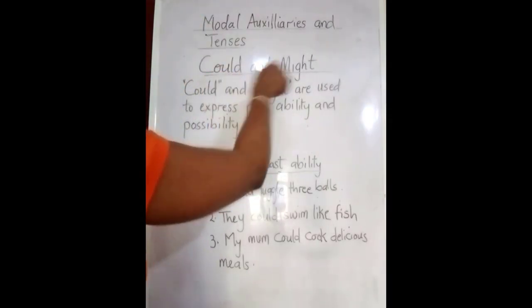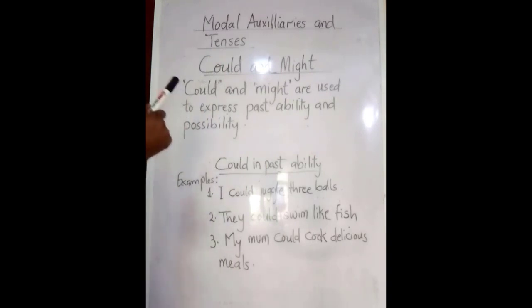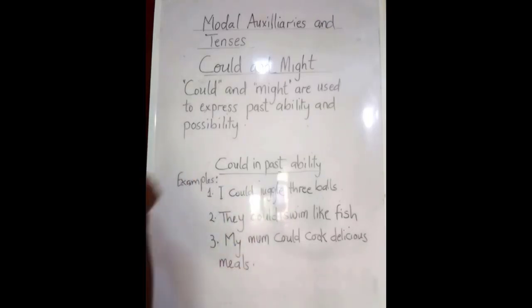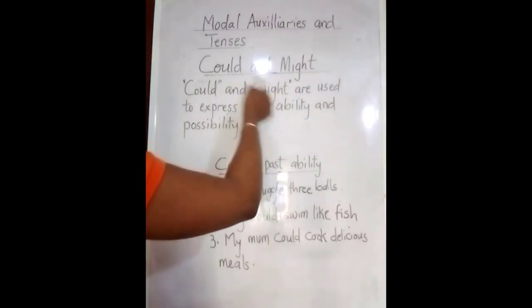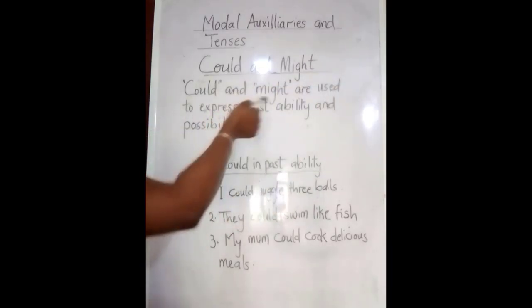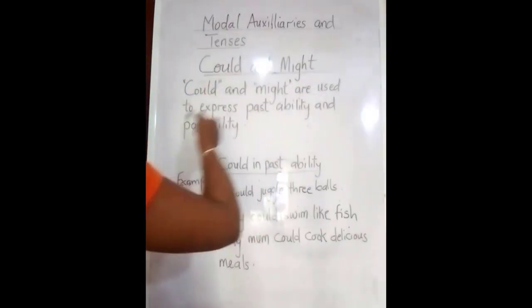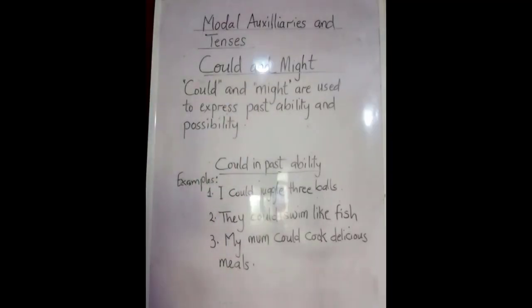Remember, the focus of the modal verbs we are considering in this lesson is on their use to express tenses in English, to express the time events happen, whether in the past, in the present, or in the future. So could and might are used to express past ability, something that could be done in the past, and past possibility, something that was possible in the past.